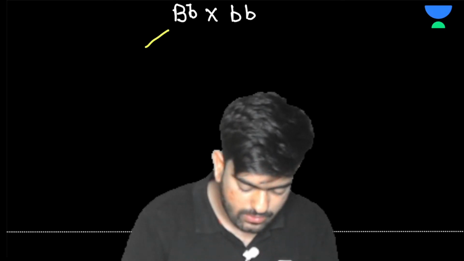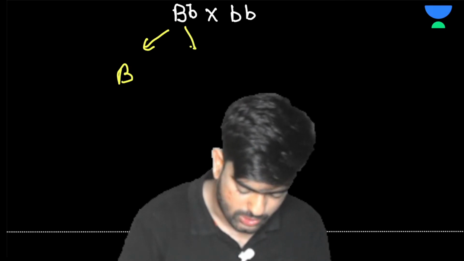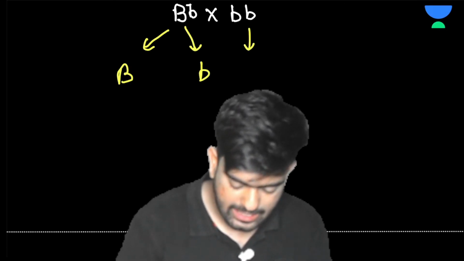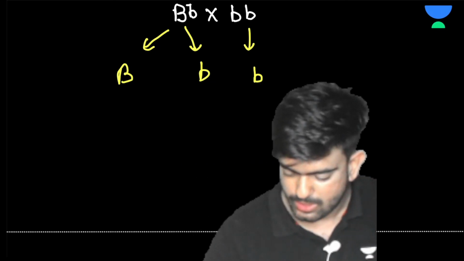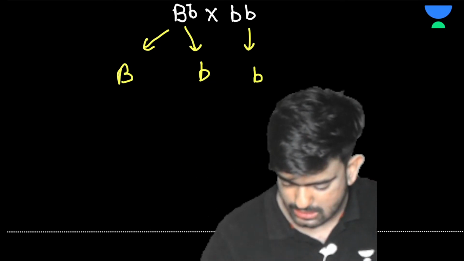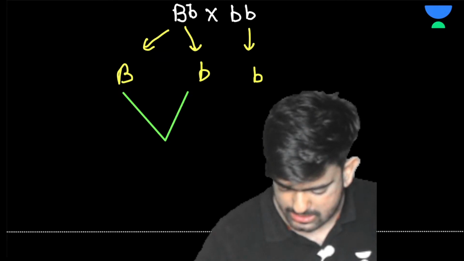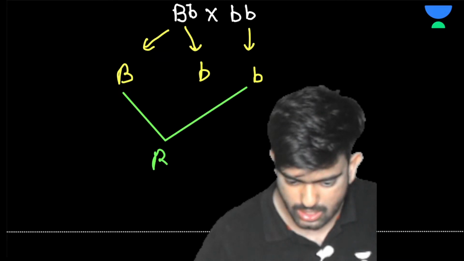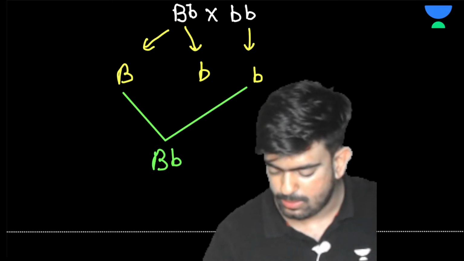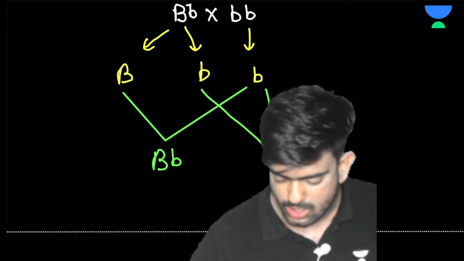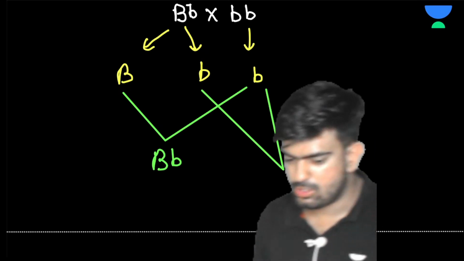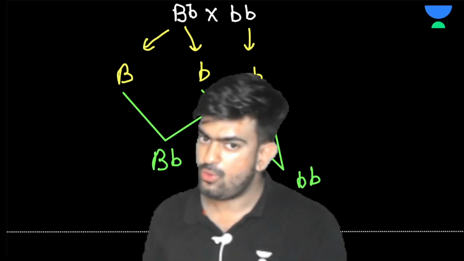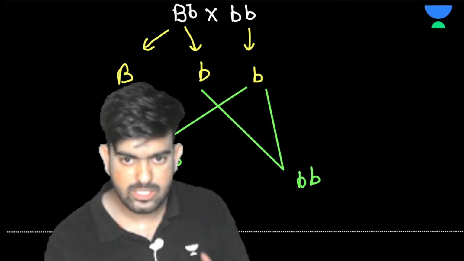Let's make the gametes quickly. Capital B, small b, and in the other case it is going to give you small b only. Now we are going to mix and match. This is going to give capital B, small b, and this is going to give small b and small b. So in this case also, this is possible.